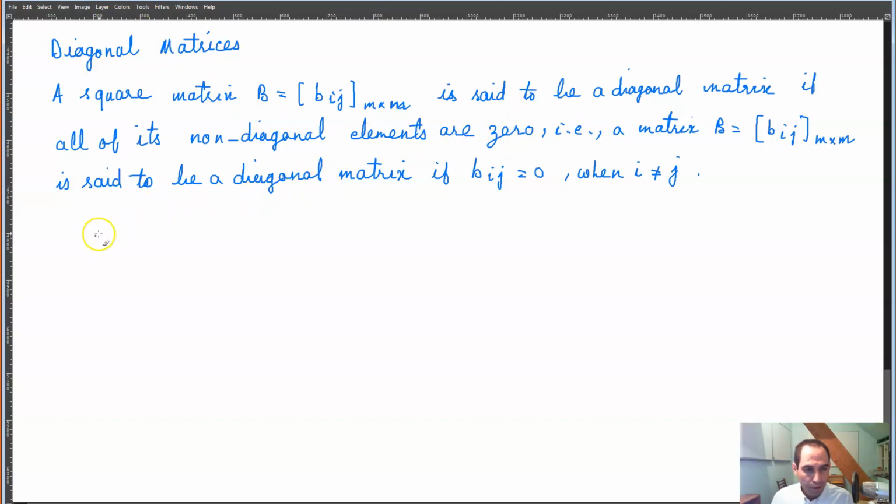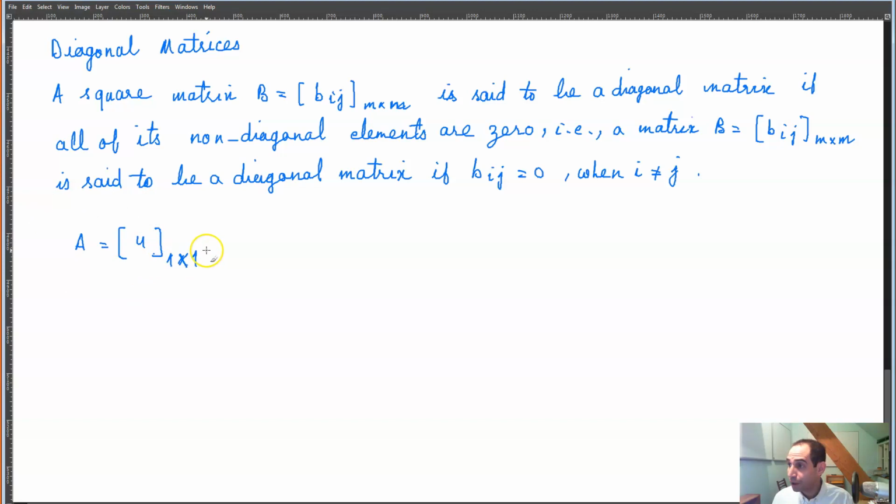So for example, A, which is a square matrix, as 4, having only one element, is a square matrix of order 1. It seems that this is actually considered a diagonal matrix.